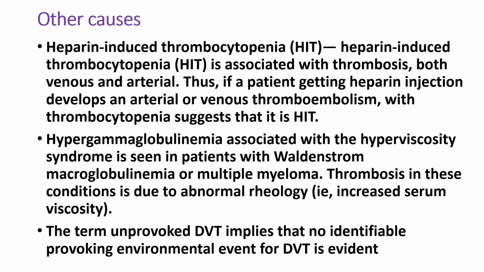Hypergammaglobulinemia can also be associated with DVT, like multiple myeloma can present with thrombosis. There are a lot of other undetectable causes that can produce DVT. Unprovoked: without any major reasons, a patient can have DVT.